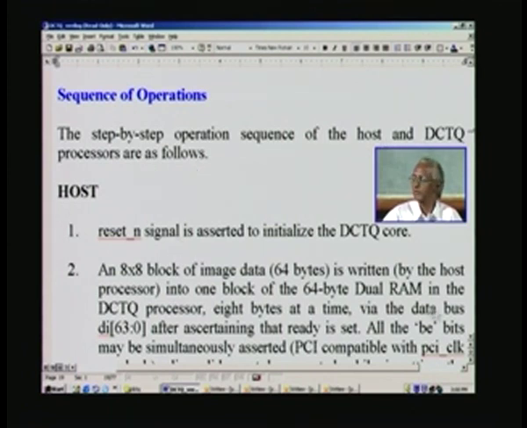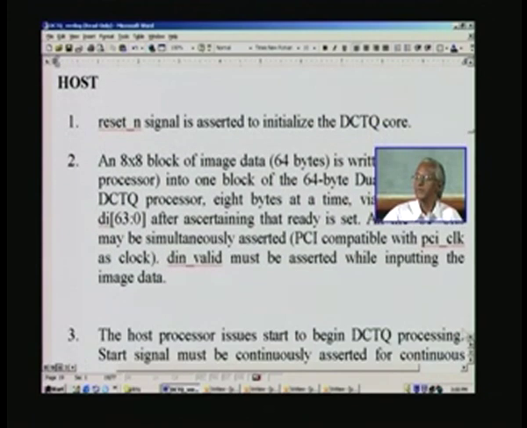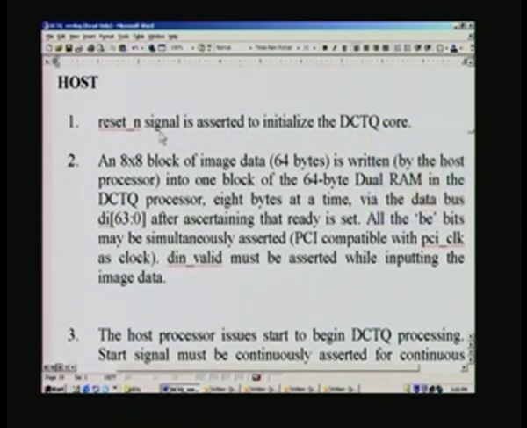So, for the host, what we need to do is, first the host will have to send the reset signal to initialize the DCT core, because there are so many registers inside, they will have to be initialized to different values, not necessarily 0, and that is what is being done here. And at any point of time you can always apply the reset. Once you apply a reset and start again, latency will come into the picture, so take care of that.